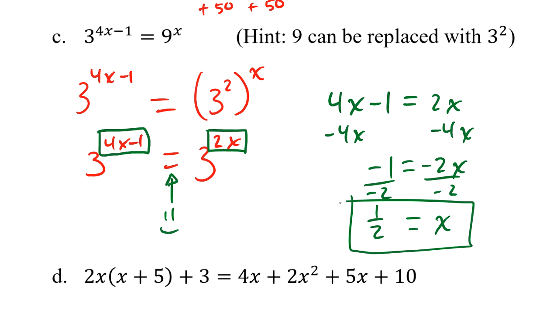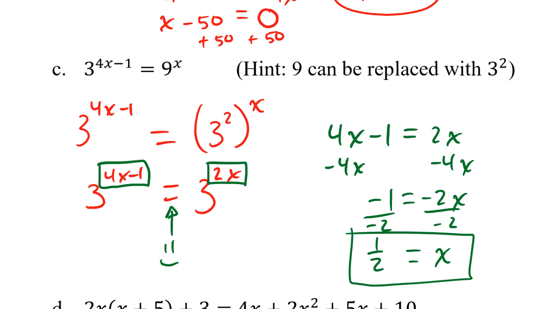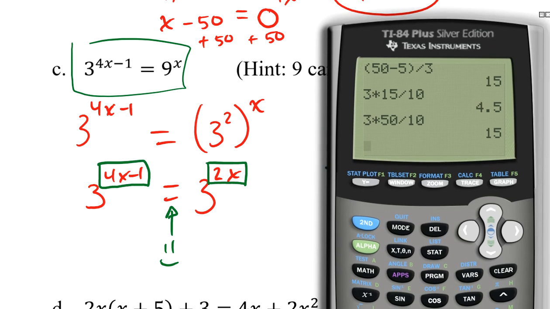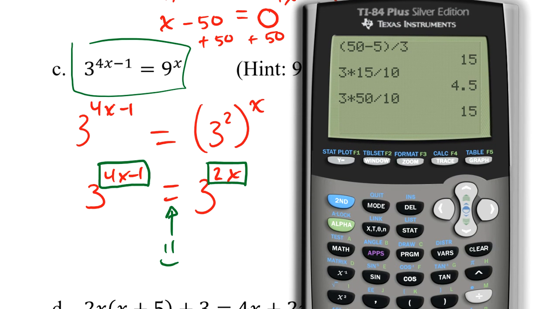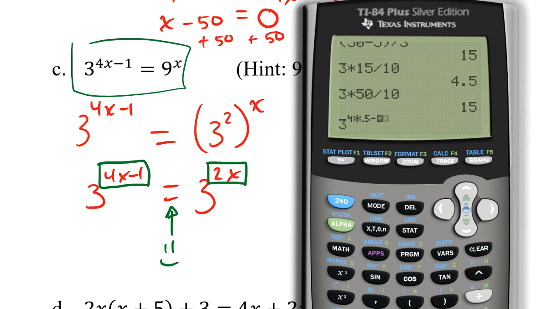And if I plug a 1/2 in there, it should make both the left and the right-hand side true of the original equation. So I want to try that. I'm going to take a base of 3 and raise it to the power of 4 times 1/2. I'll use a decimal for that, 0.5, and then -1. So when I do that, I get the number 3 on the left-hand side.